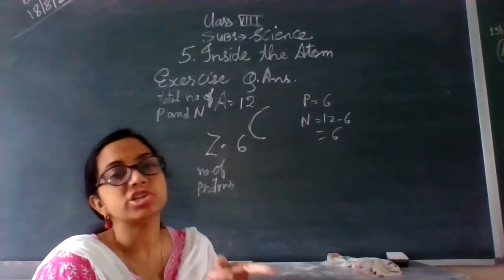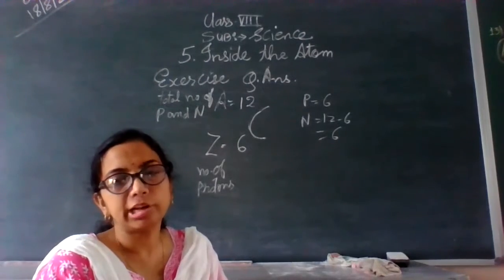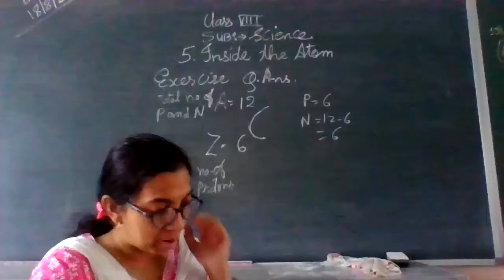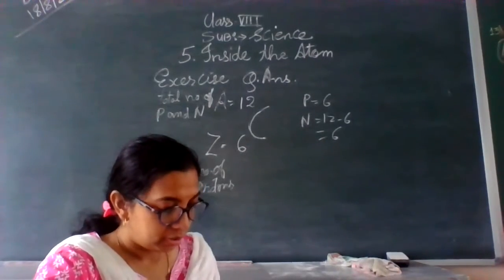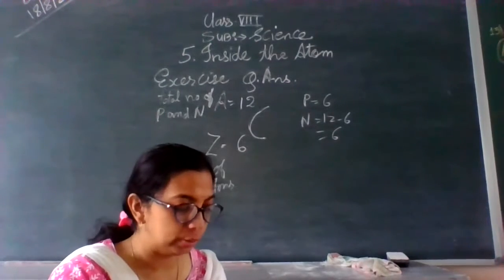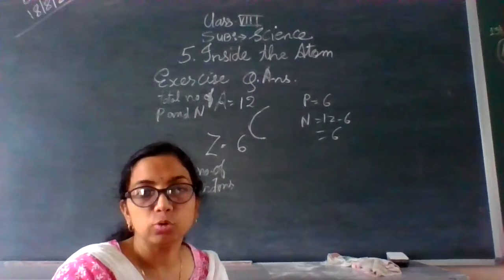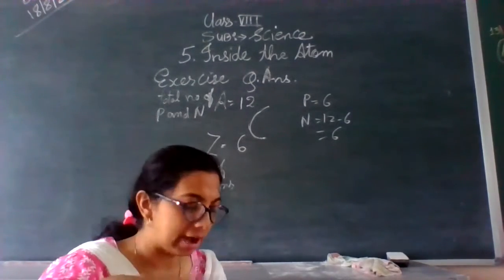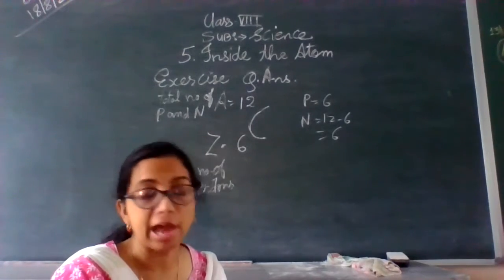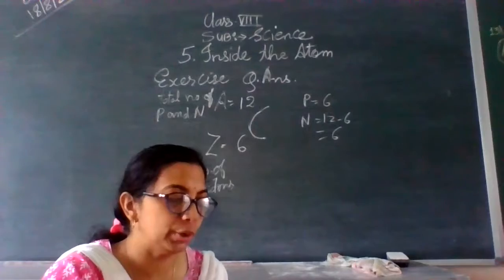Protons are positively charged, neutrons are neutral, they do not have any charge on them, and electrons are the negatively charged particles. In the nucleus, we have protons and neutrons that decide the mass of that atom, and negatively charged electrons are moving around this nucleus. For these 3 subatomic particles, you have to give the information in short, whatever I have just told you.